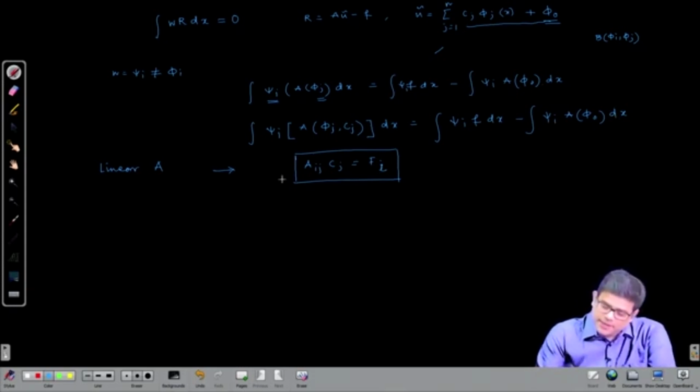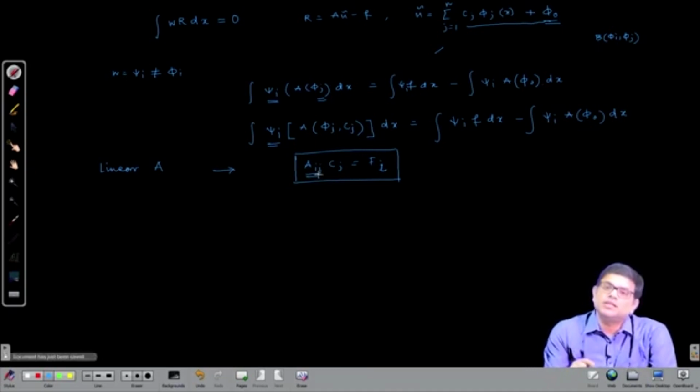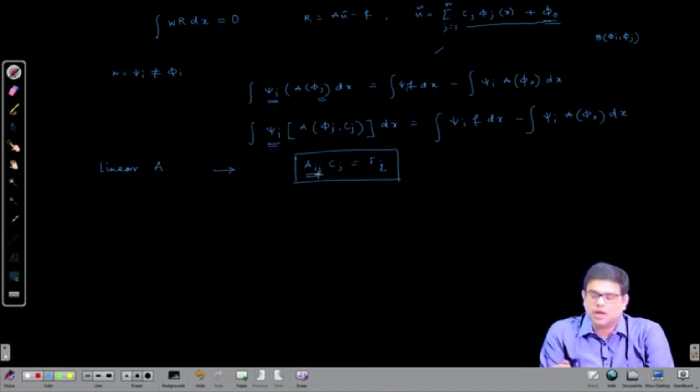Now if you look carefully, depending on psi I, this Aij may be symmetric or asymmetric. I will show with an example that depending on psi I, this Aij will be symmetric or non-symmetric. So if phi I and phi j, that means if the phi's and psi's are the same, then only it will guarantee a symmetric form.